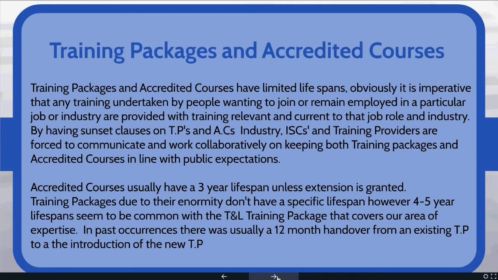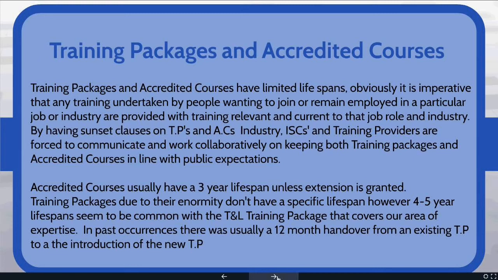Sometimes they'll say, look, next year is the new training package, and then one particular part of that industry will say, well, no, wait a second, we're still 12 months away from a change in law, or we've got a big change coming 2 years from now, or we had a big change last year. Quite often, even though they timetable an update every 4 to 5 years, it can be 6, 7, 8 years before it actually all happens.